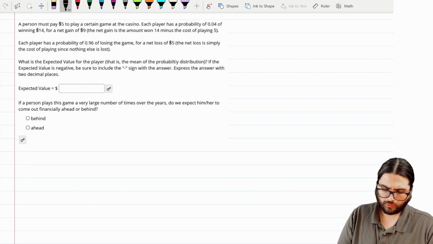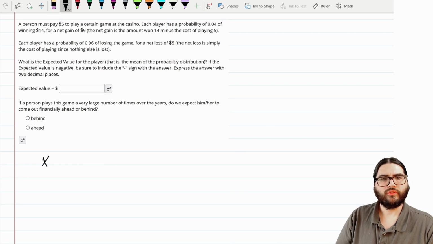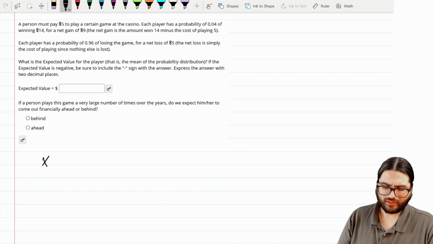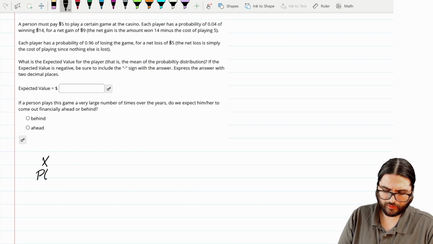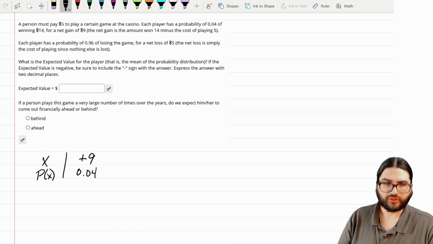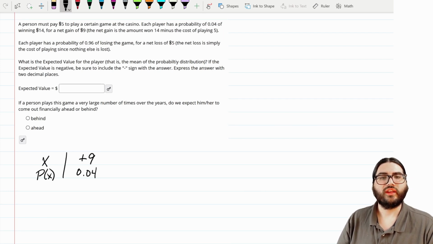Let's call our random variable x, and it says the probability that we win is 0.04, and the net gain was $9 in that situation, plus 9 in this case.